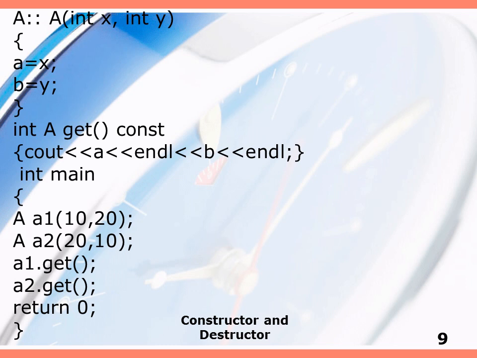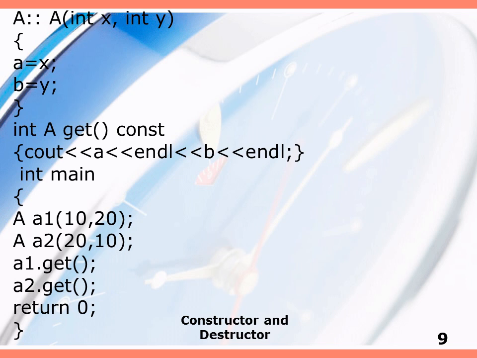Within the constructor of this class, we are initializing the value for both the data members a and b. a shall take the value of x, b shall take the value of the latter argument y. Within the get function, we are displaying the values of a and b which were earlier initialized.